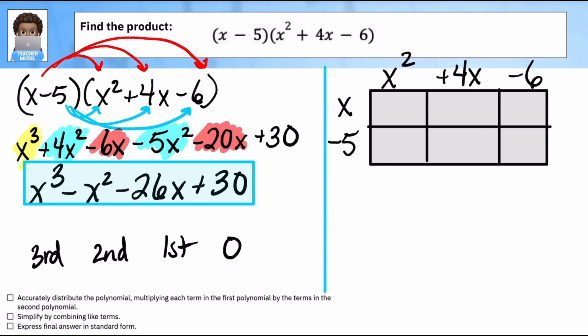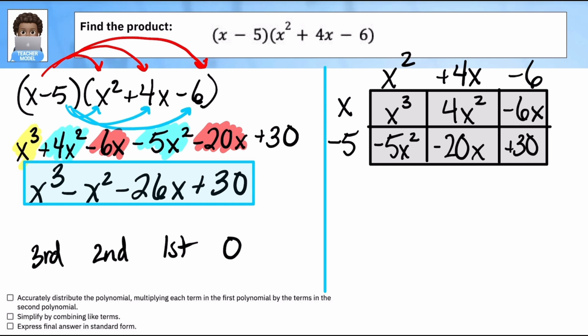And I'm just multiplying inside. So x to the third power, 4x squared, negative 6x. Negative 5x to the second power, negative 20x, positive 30. So you see how quick I'm just looking and I'm multiplying those terms?